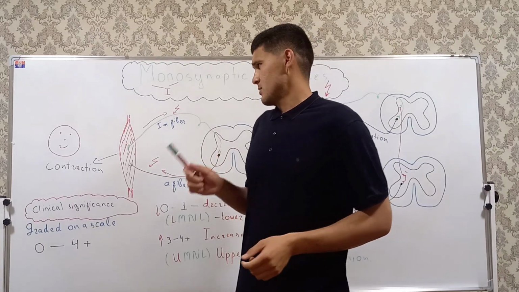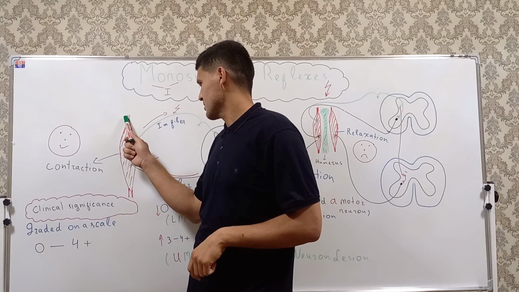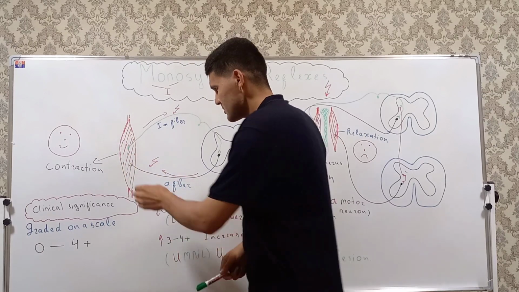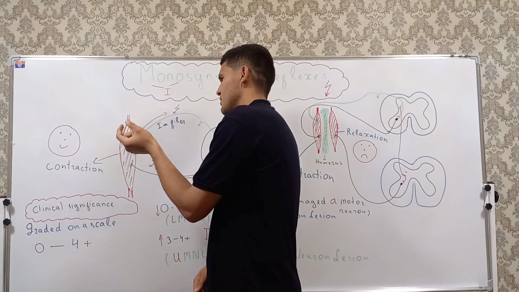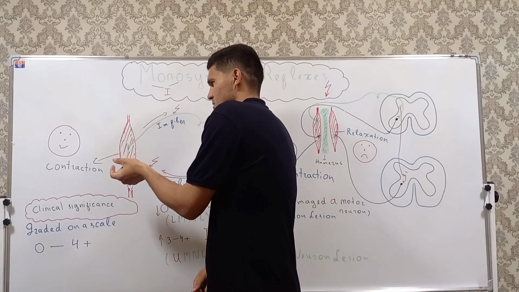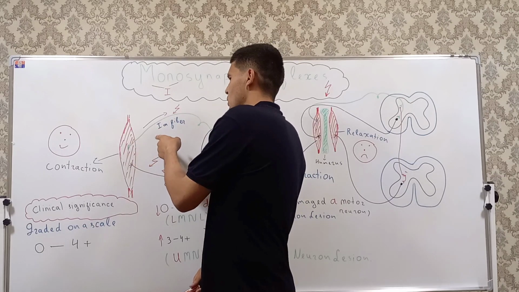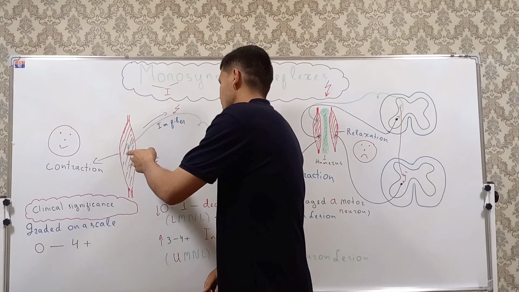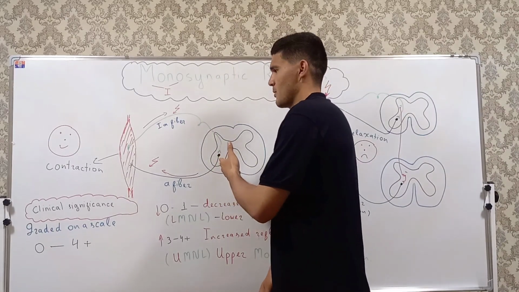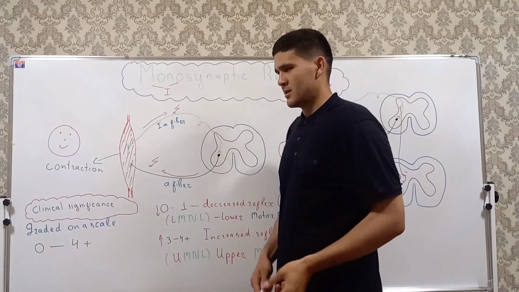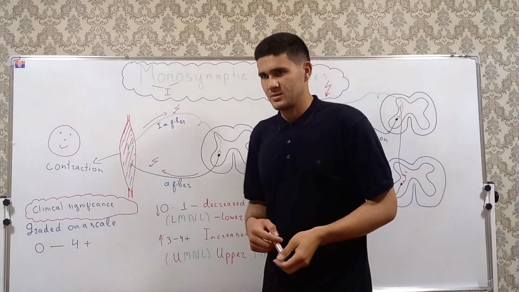When the neurologist hits the muscle tendon or the muscle itself with the hammer, the muscle spindles generate information and an action potential, of course, and the 1A fibers carry this information into the spinal cord, more specifically to the gray matter. In the gray matter, they synapse with alpha motor neurons.